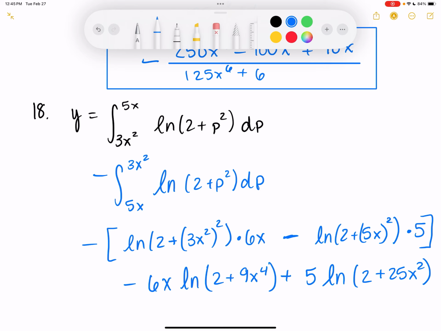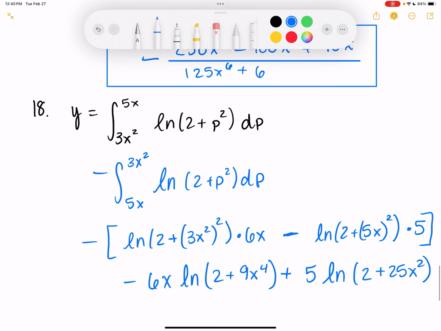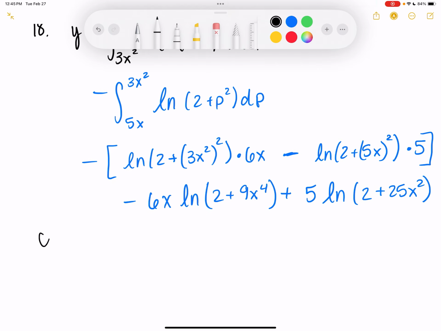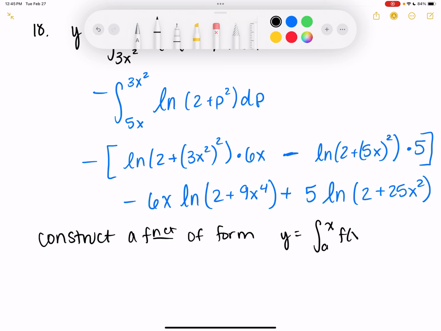Let's see. Construct a function of the form. I'm going to write this just so we can see it. Of the form y equals the integral from a to x of f of t dt.